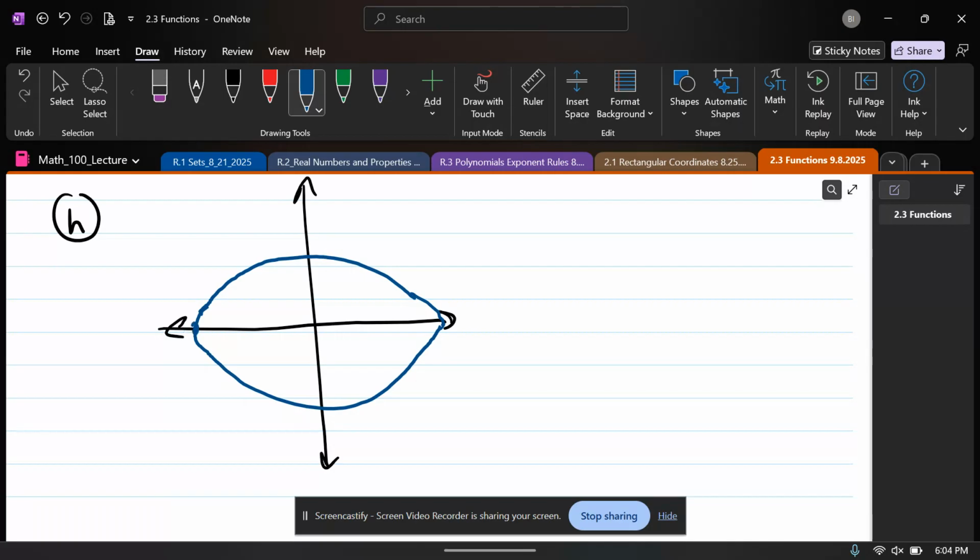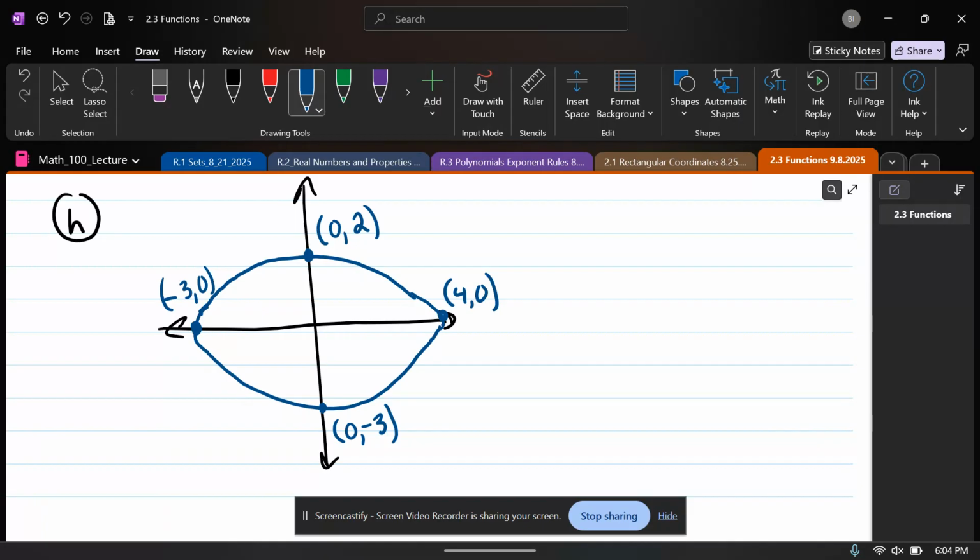So let's put that point at -3, 0, and that point at 4, 0. That point at 0, 2. That point at 0, -3. That kind of looks like a football, not really. Not a very good football. It'll work.